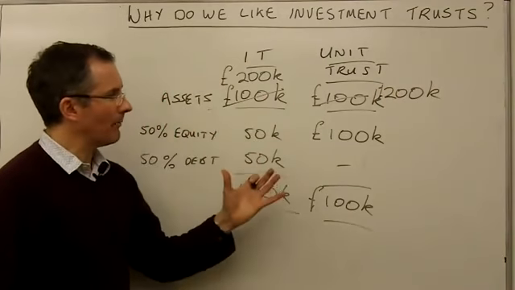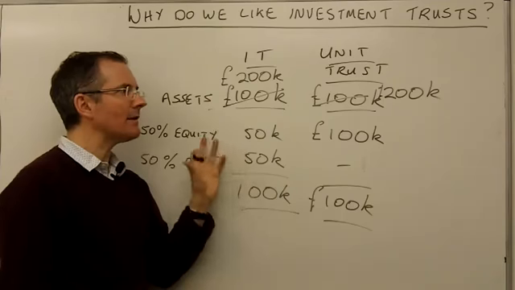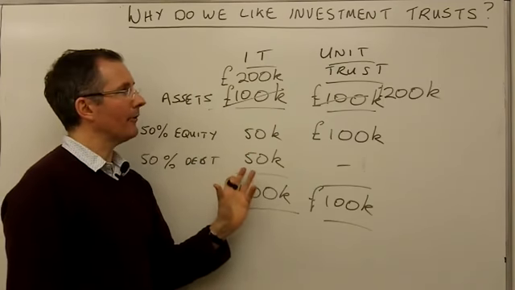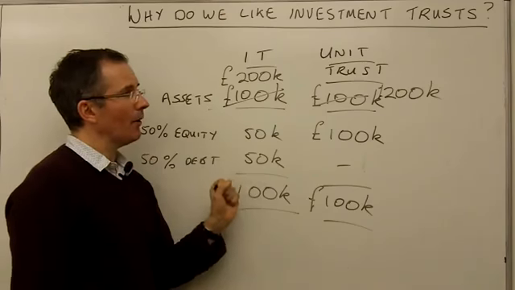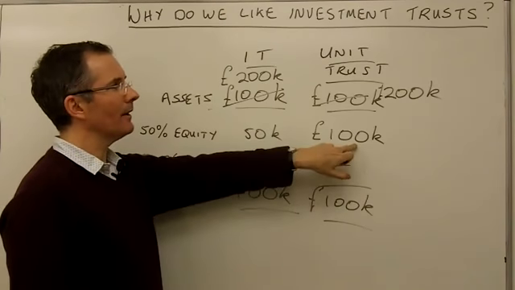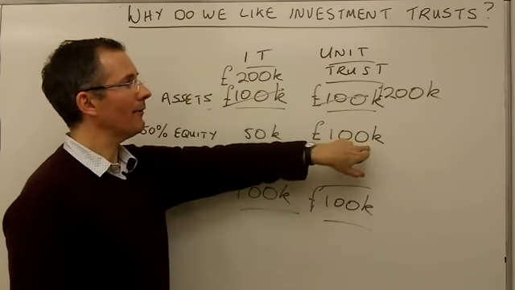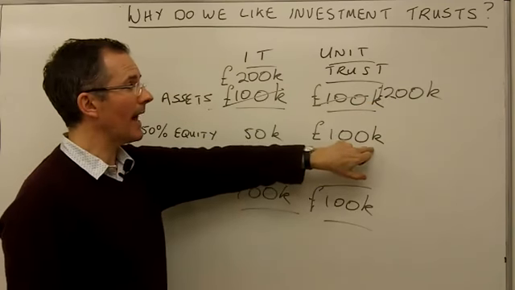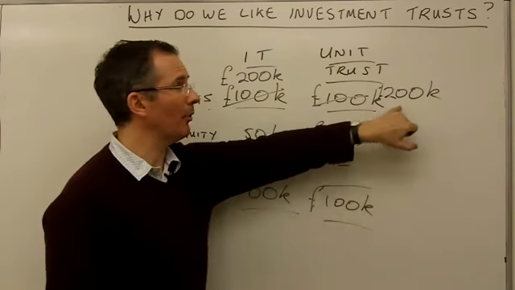Okay, here's the point. As an equity investor, which one would I rather be in? And the answer is the investment trust company. Because as an equity investor here, your money's been doubled. If the unit trust were liquidated tomorrow, in theory, anyone who put money in here has seen it double.